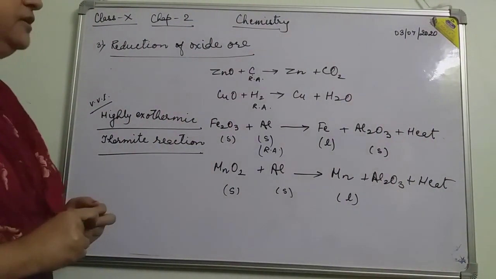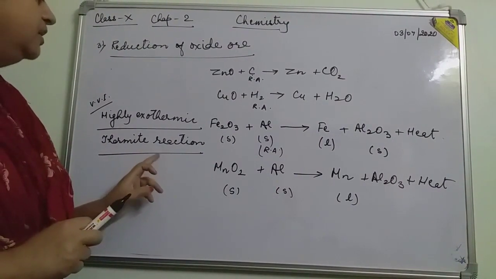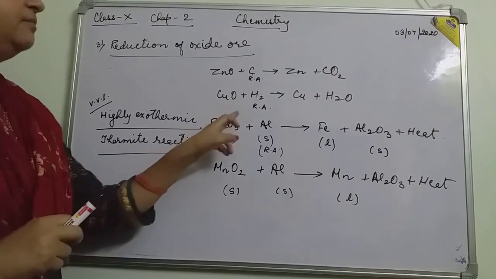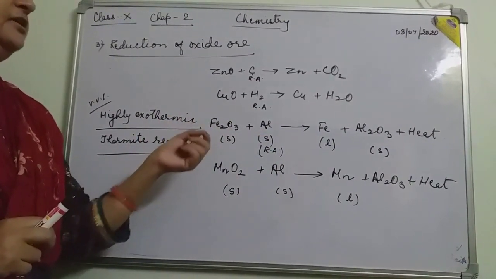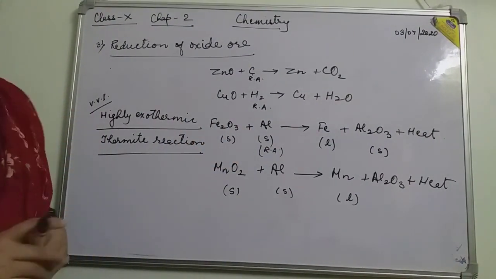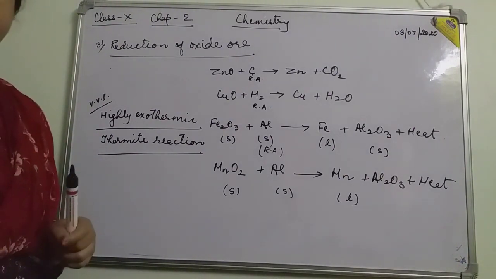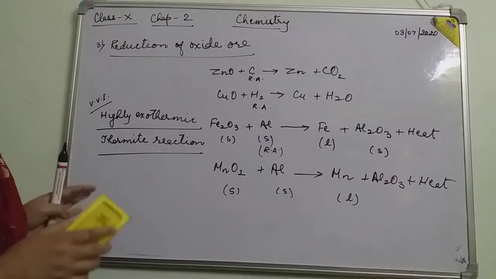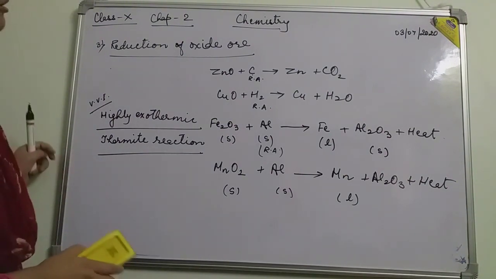So when the question says write the thermite reaction, you must write the thermite reaction of aluminium and iron oxide. To start this reaction, we use burning magnesium paper. This is the completion of the reduction of metal oxide.